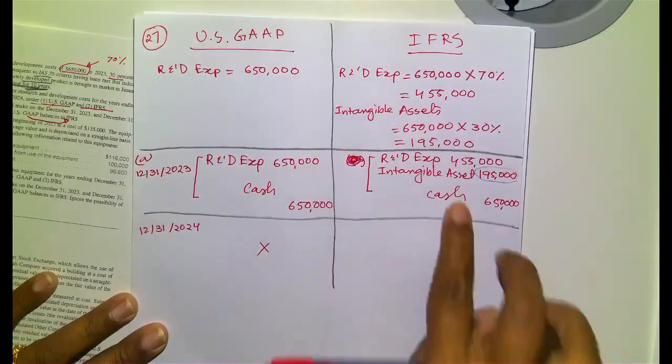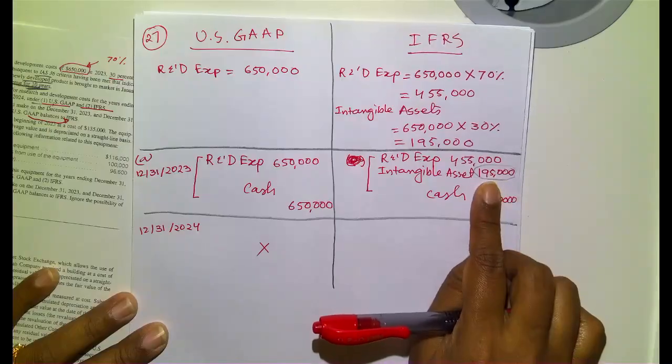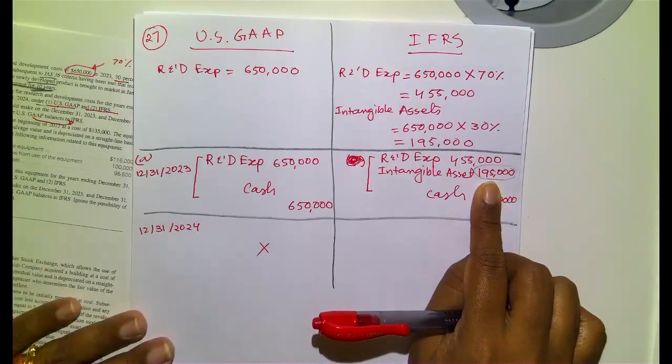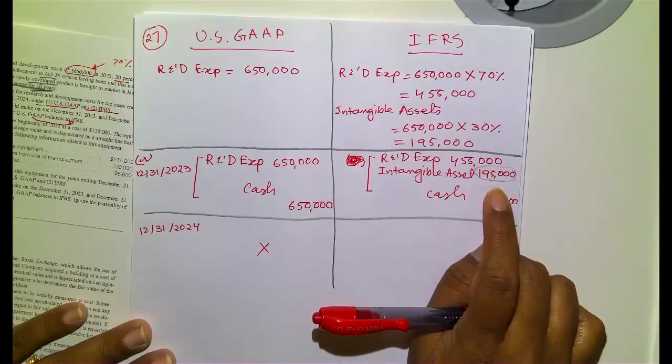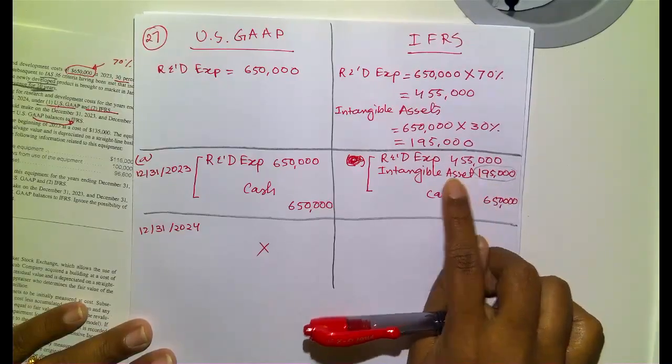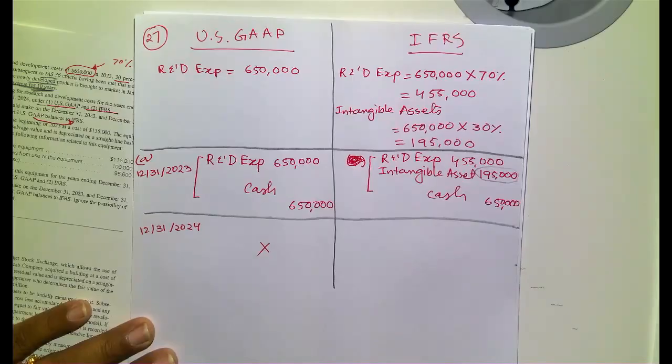The IFRS showed this 195,000 as an asset and they will get benefit. It's kind of a lifetime, so 10 years. So calculate the amortization expense for intangible assets. For intangible assets, we can directly credit intangible assets.